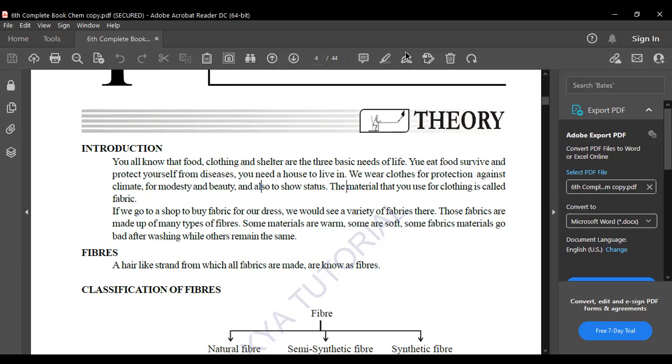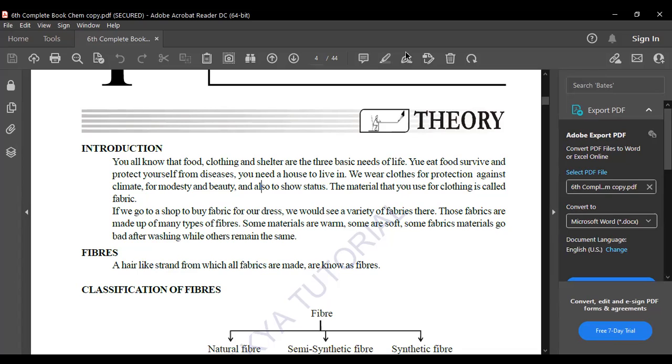You eat food, survive, and protect yourself from diseases. You need a house to live in. We wear clothes for protection against climate, for modesty and beauty, and also to show status.